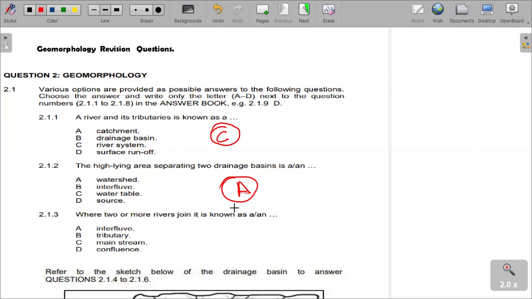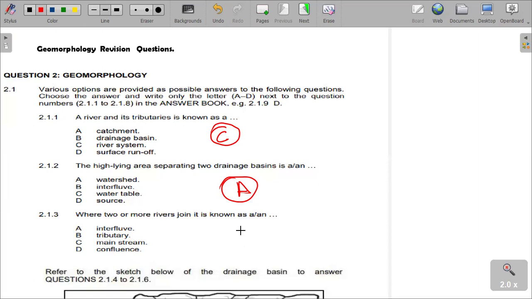Where two or more rivers join is known as a dash. It is known as a confluence. In our previous presentation we tried to identify the river features from the source to the mouth.